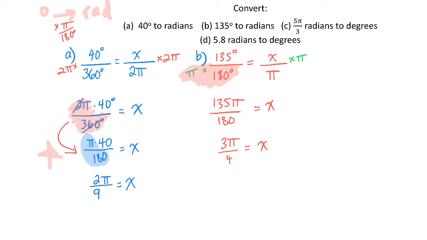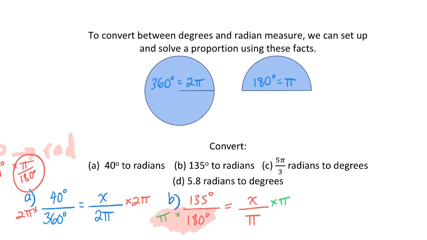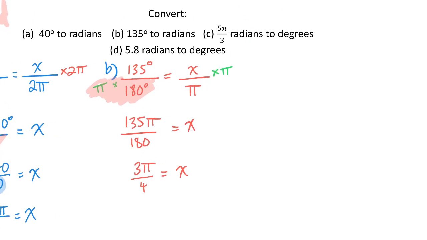We want to cancel the degree amount, so we put the 180 degrees on the bottom, so it cancels out with whatever degree amount is on top, leaving us with something in terms of radians. And multiplying by pi over 180 is really just the same thing as multiplying by 1, because, as we talked about before, 180 degrees is pi radians. So we're not changing the value.